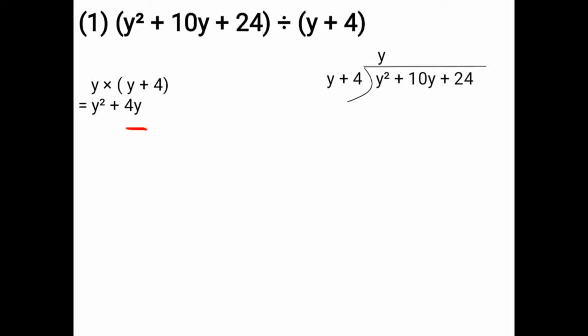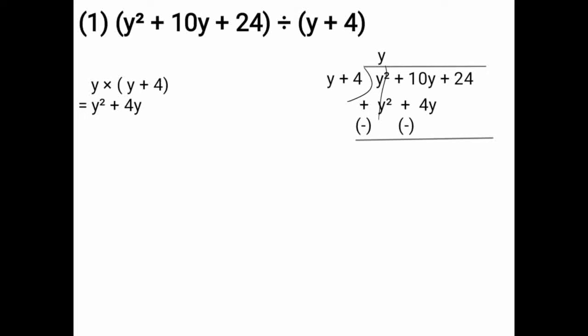The number with variable y is 10y and 4y, so that's why 4y you have to write in this place, and y square in this place, that is plus y square plus 4y. Plus becomes minus, and here also plus becomes minus. Y square minus y square, you get the answer 0. Cancel it.